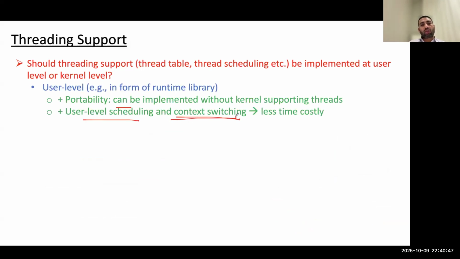Scheduling is the entity deciding which thread is going to execute next. Context switching is when I have decided, and I have to replace thread A with thread B. That is a context switch between two threads, so it is also expensive if the kernel is involved.